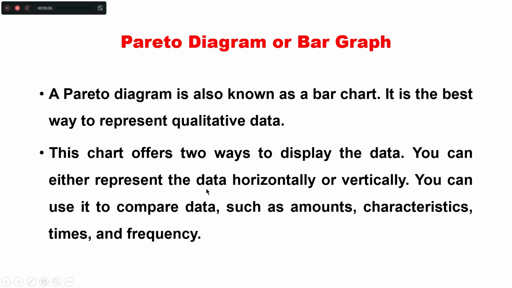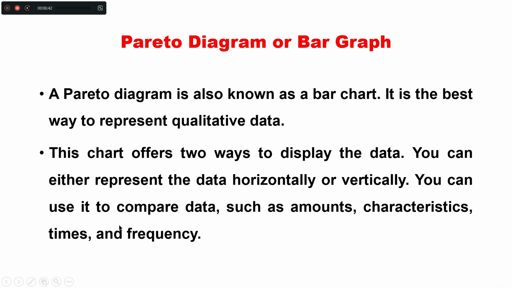You can either represent the data horizontally or vertically. You can use it to compare data such as the amount of hemoglobin, the amount spent on a particular product by a hospital, characteristics of a particular plant, a particular food, or characteristics of a particular mobile phone.